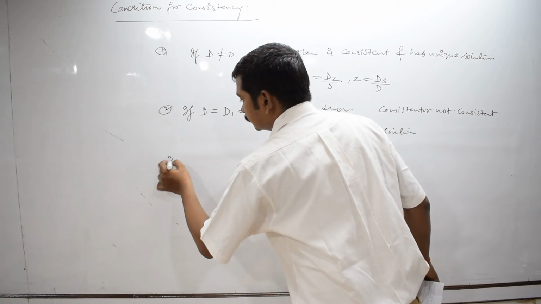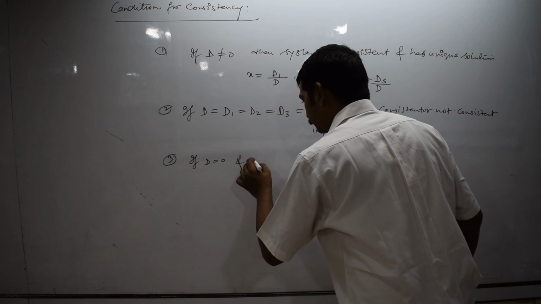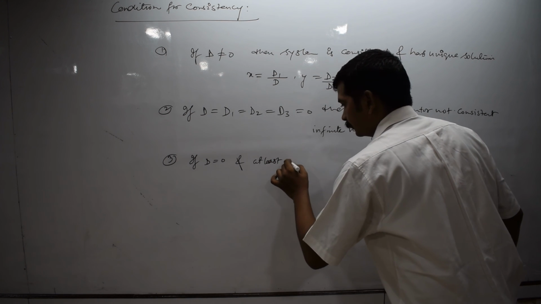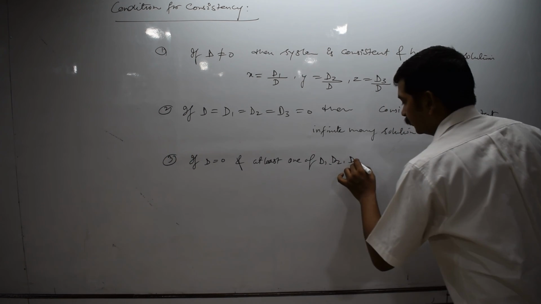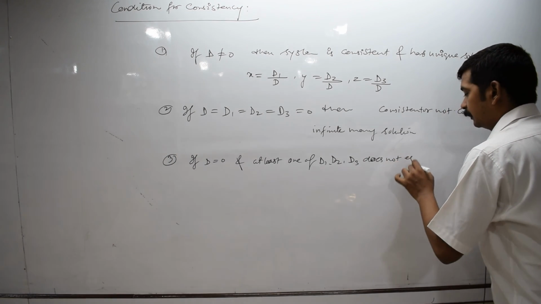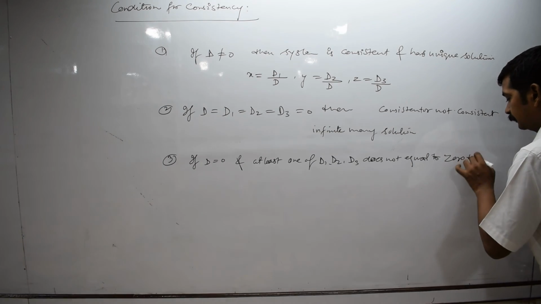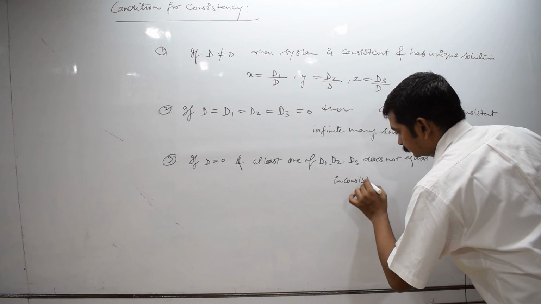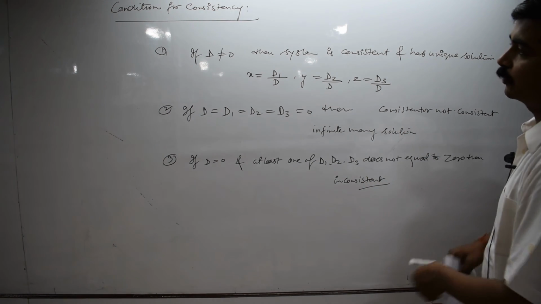And in the third case, if D equals 0 and at least one of D1, D2, D3 does not equal 0, then the system will be inconsistent. That means in this case the system has no solution.